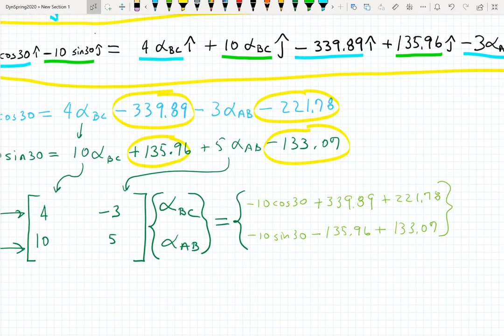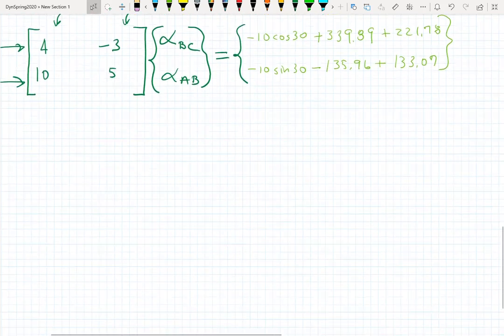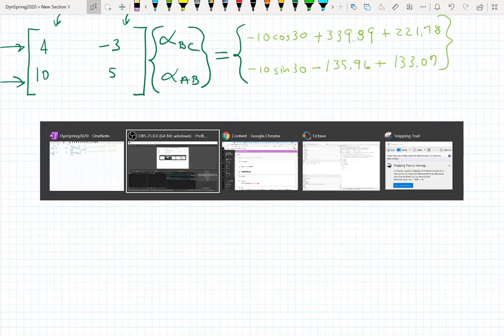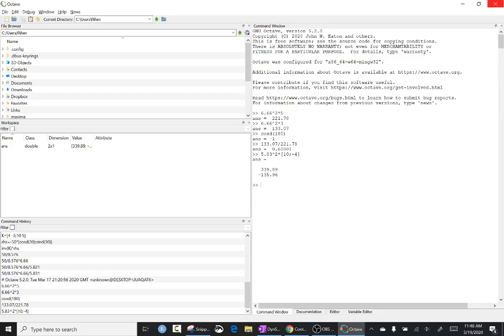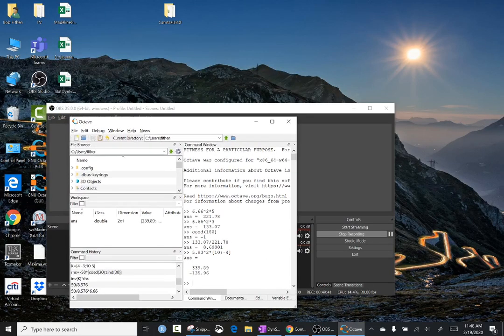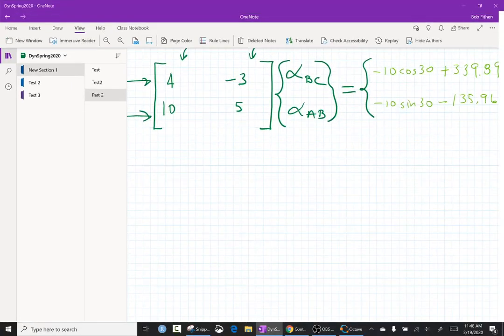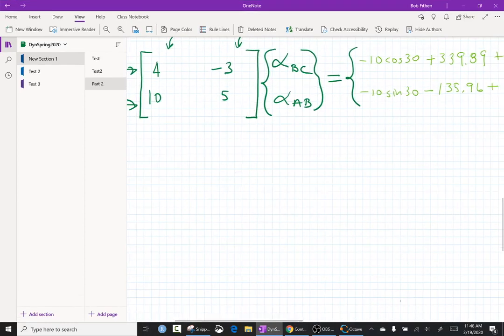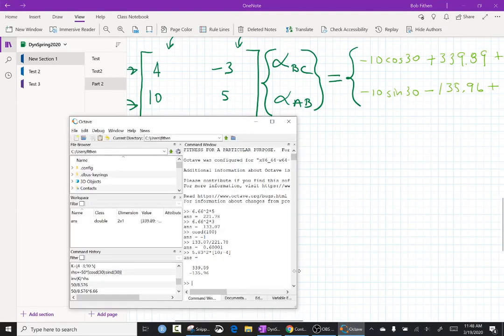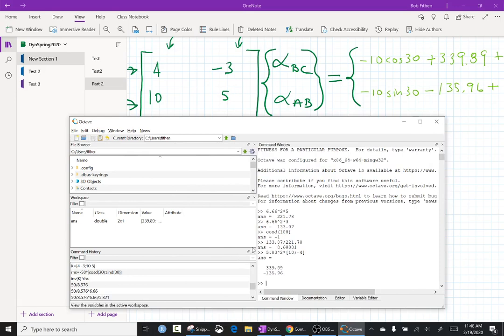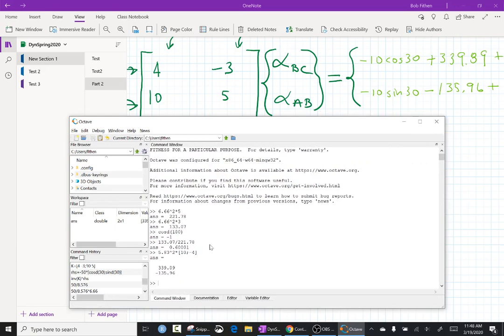So what I think I'll do is move that to the top, try to get myself to Octave, bring it out of full screen mode, and I'll try to create a K matrix, which is the matrix itself, 4, minus 3, 10, and 5.